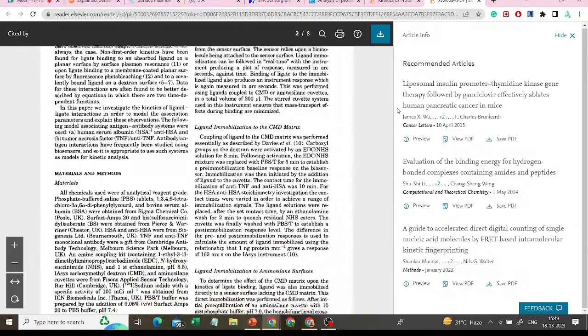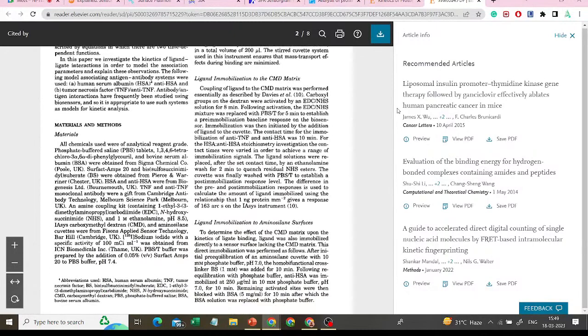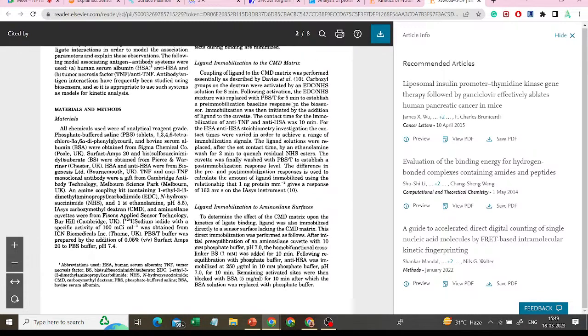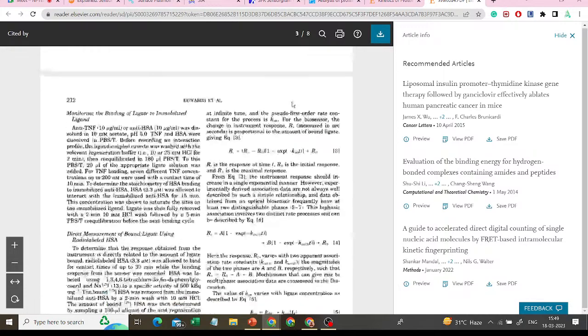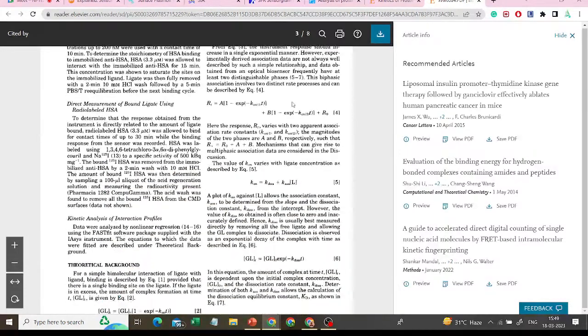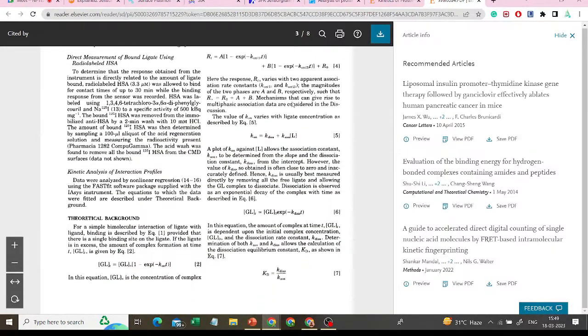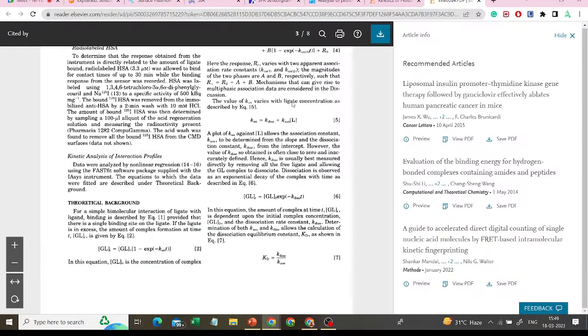In an optical biosensor, ligand immobilization on the CMD matrix was activated by NHS and EDAC in solution; following activation, the mixture was replaced with PBST. For immediate immobilization, the baseline response on the biosensor was established before adding the ligand to the cuvette, followed by direct measurement of bound ligand and kinetic analysis of the interaction profiles.